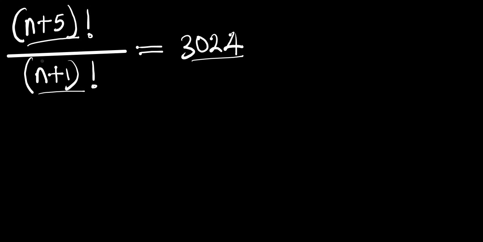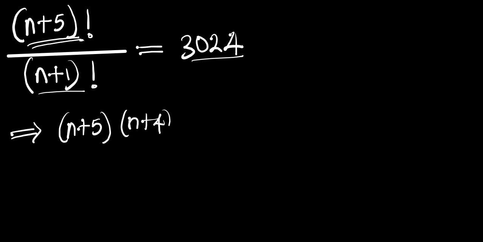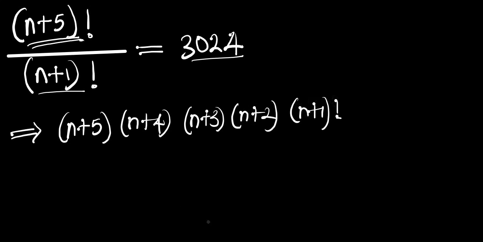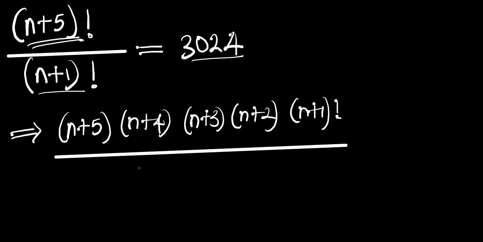So what we are going to do is we can express this (n+5)! as (n+5) times (n+4) times (n+3) times (n+2) times (n+1)!. Then we have it divided by (n+1)!, and this equals 3024.